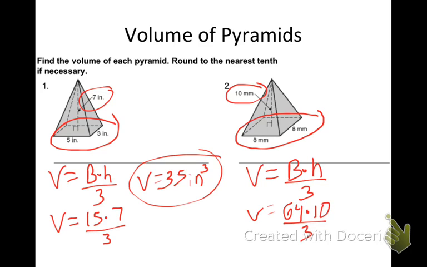So 64 times 10 is 640. 640 divided by 3. This one, I believe, gets me a decimal. What's my decimal, Tyler? 213.3 repeating. What do we have? Millimeters cubed. Nice job. Very similar to yesterday? Yeah.